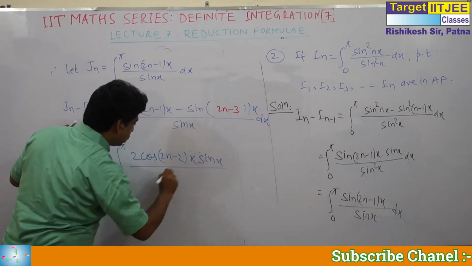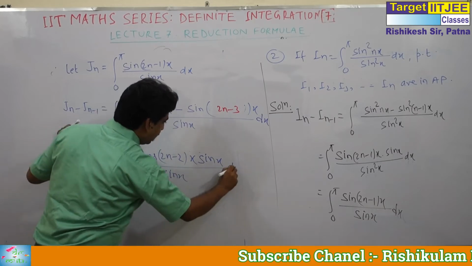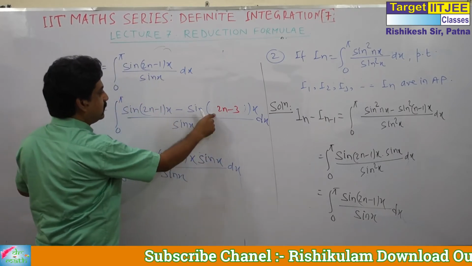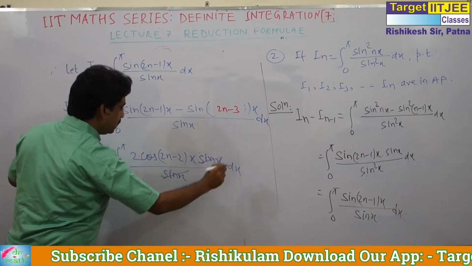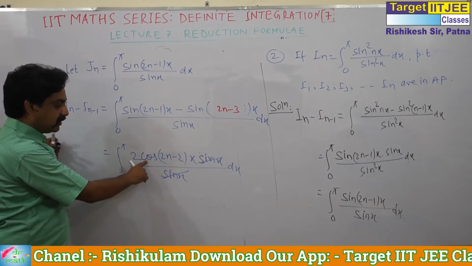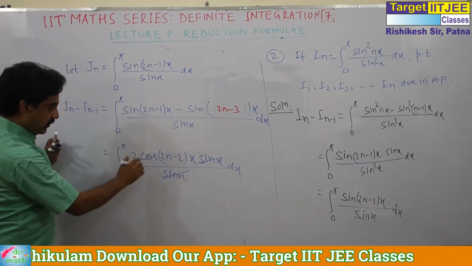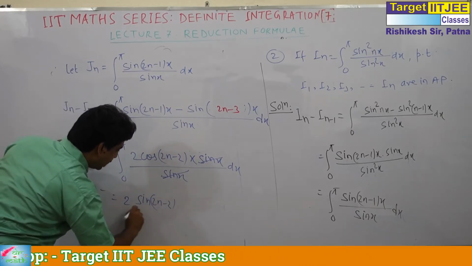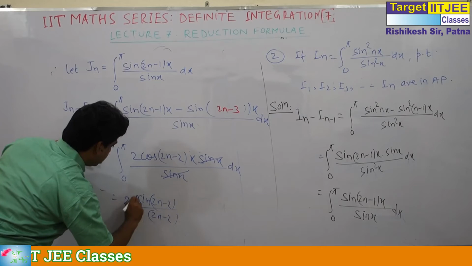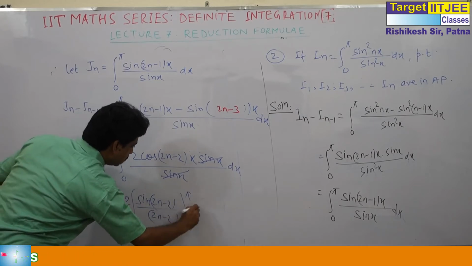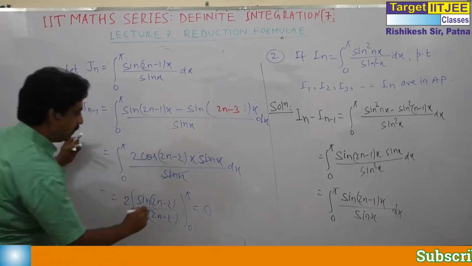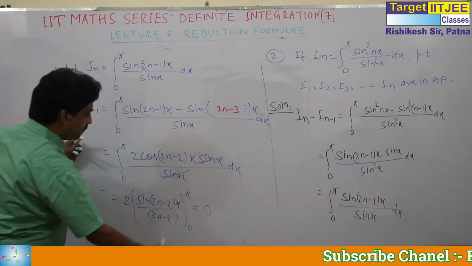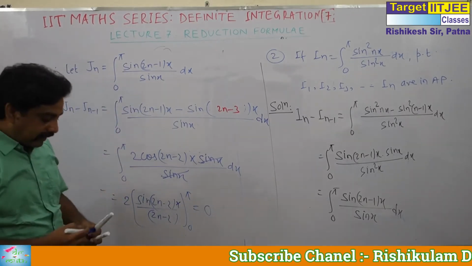You will do it yourself, just as I did. Apply the formula of sin C minus sin D. These two sin x cancel. Integration of cos is sin, so we get 2 sin (2n minus 2)x by (2n minus 2) from 0 to pi. Sin of a multiple of pi is 0, sin 0 is 0.